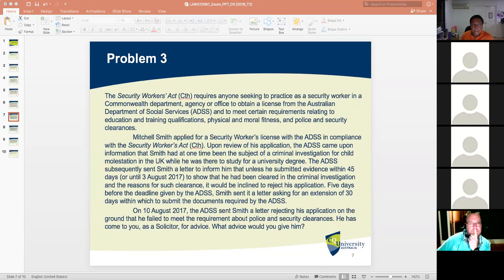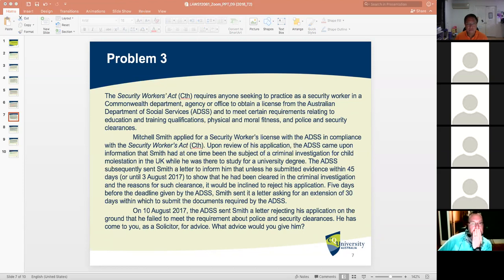Upon review of his application, the ADSS came upon information that Smith had at one time been the subject of a criminal investigation for child molestation in the UK while he was there to study for a university degree. The ADSS subsequently sent Smith a letter to inform him that unless he submitted evidence within 45 days, or until the 3rd of August 2017, to show that he had been cleared in the criminal investigation and the reasons for such clearance, it would be inclined to reject his application.